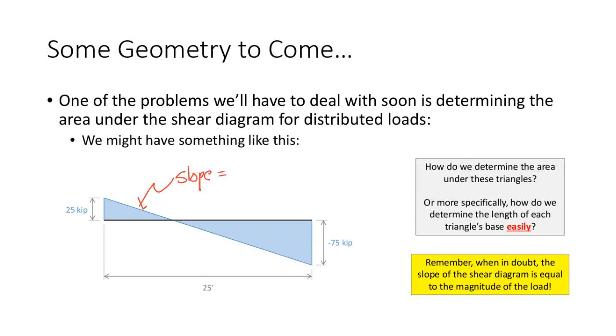If I go back to basic graphing, the slope is defined as the change in y over the change in x. That's pretty basic stuff. If I'm talking about this diagonal line, the change in x is 25 feet. That's pretty easy. So this is 25.